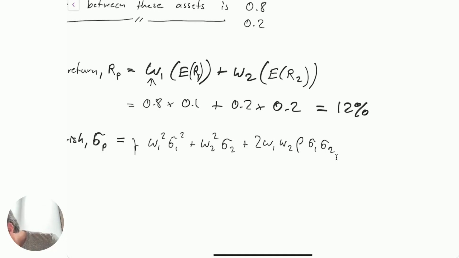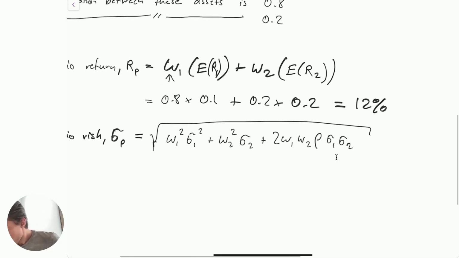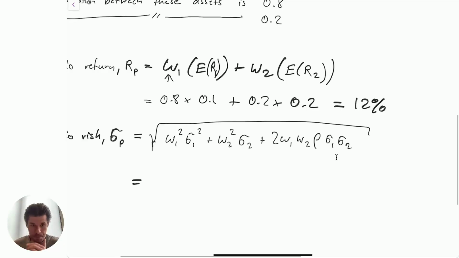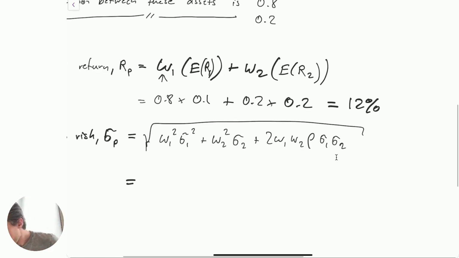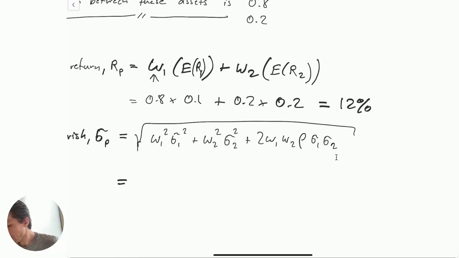Okay, so what do we have here? We have the square root of the weight 1 squared times standard deviation 1 squared plus the weight 2 squared times standard deviation 2 squared plus 2 times weight 1 times weight 2 times rho.